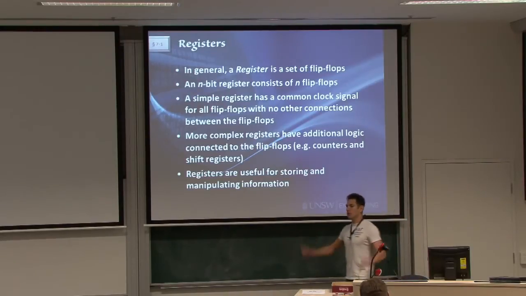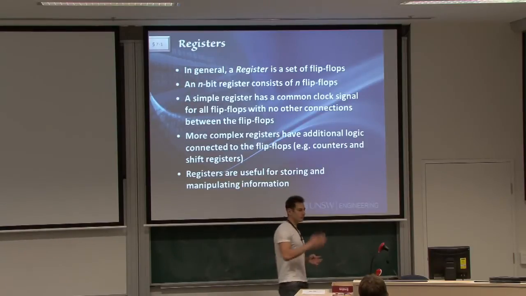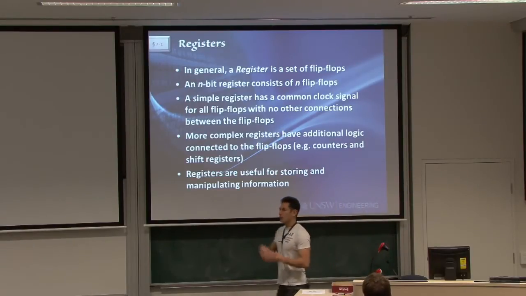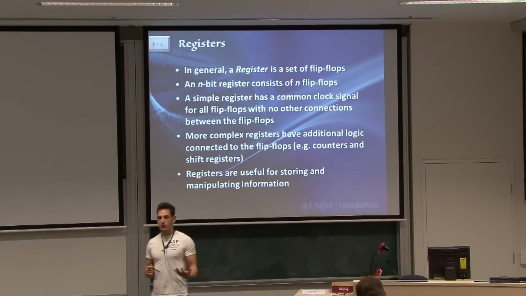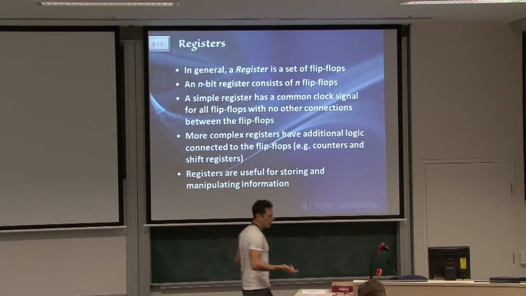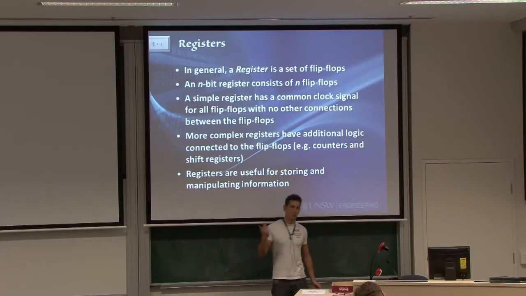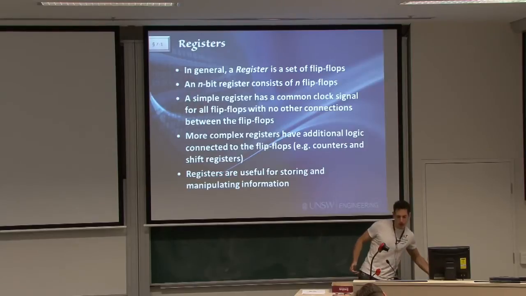Essentially, it's a whole bunch of flip-flops next to each other. We know what flip-flops are. A register is just those flip-flops, one right next to the other. In the simplest case, there's no connection between them. They all have a common clock signal, so we load all the flip-flops together at the same time, which lets us store a multi-bit value rather than the 1-bit value that a flip-flop gives us.